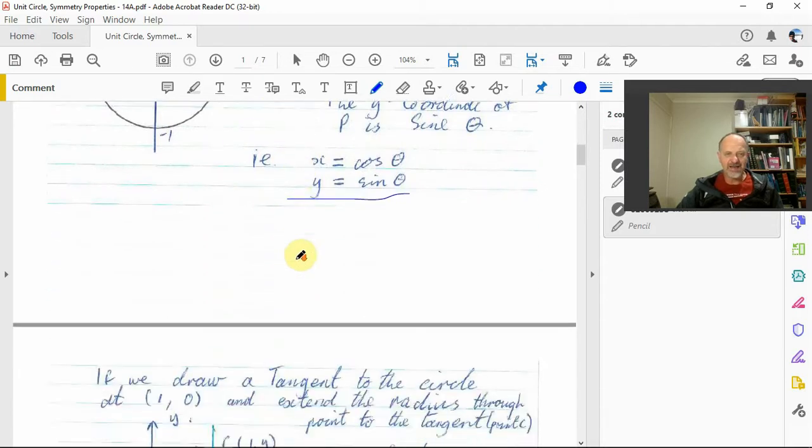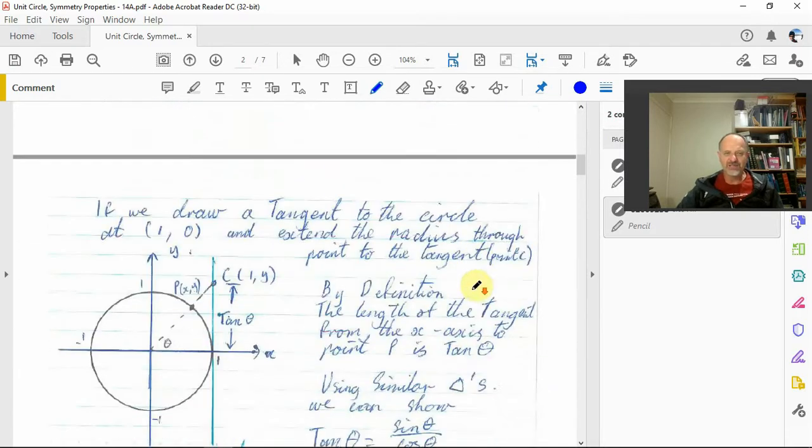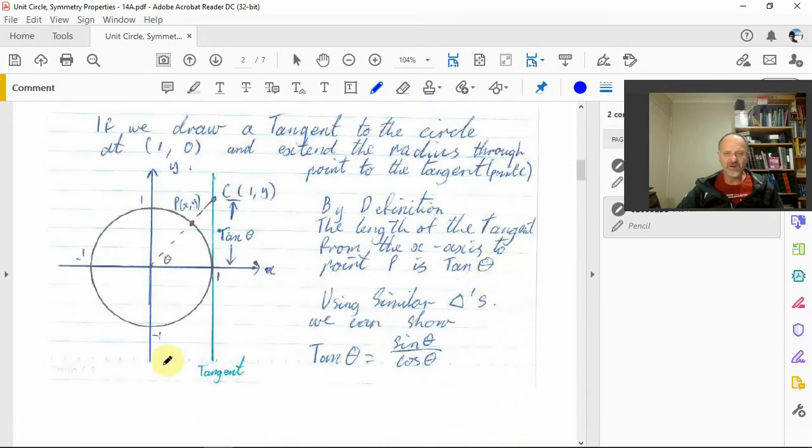Now for tan, we draw a tangent to the circle. A tangent is a line that touches the circle, and we could have lots and lots of tangents, but the one we are interested in is the one that touches here. This light blue line is the tangent to that circle.